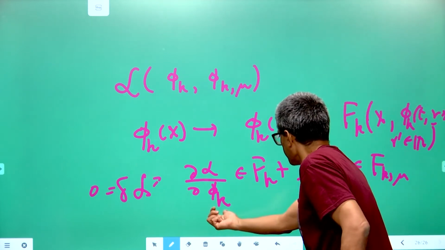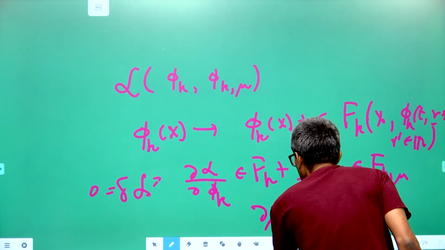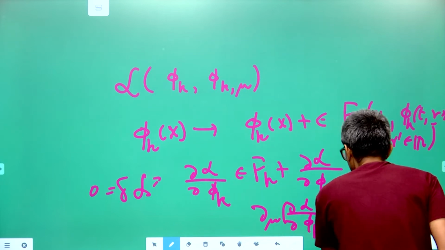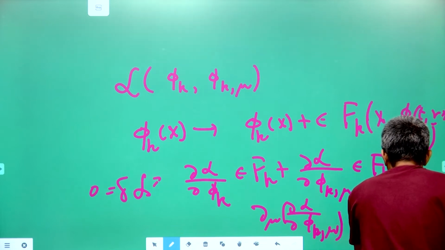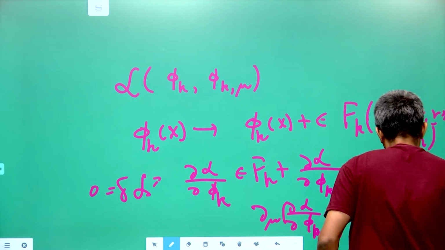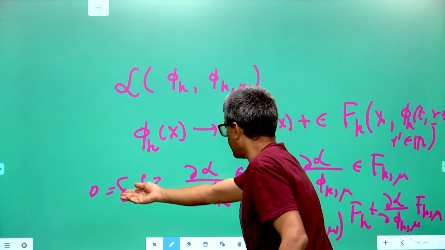Now I substitute for the equations of motion. ∂L/∂φ_k can be written as ∂_μ of ∂L/∂φ_k,μ, into ε f_k plus ∂L/∂φ_k,μ into f_k,μ. This is 0, the Lagrangian is invariant.